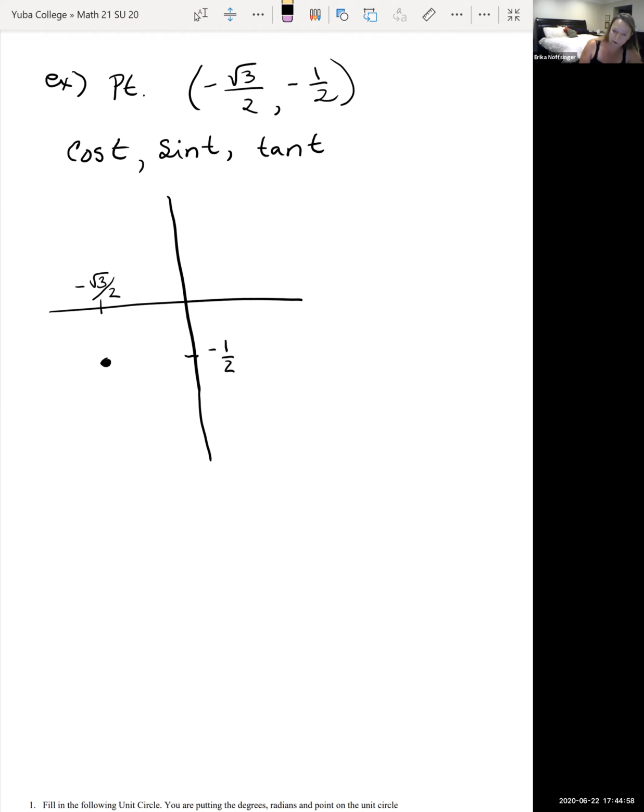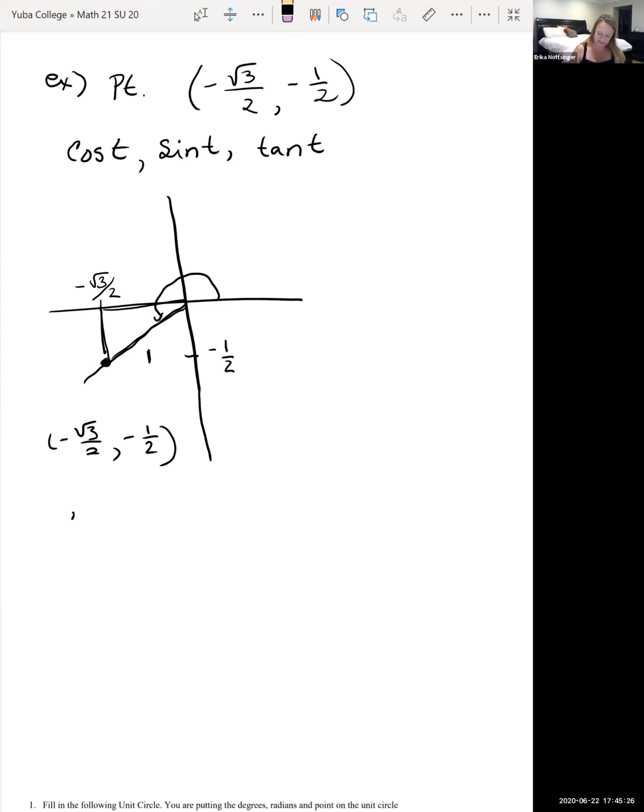So I know my point is contained in the third quadrant. And this is 1. So basically, we just have to look at the x and y value of our points.